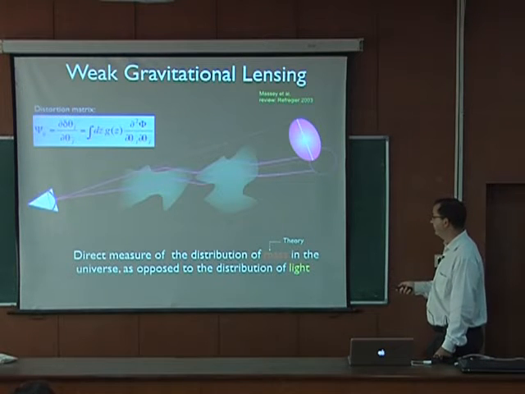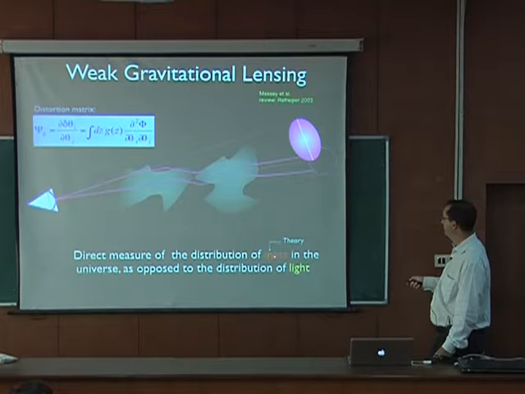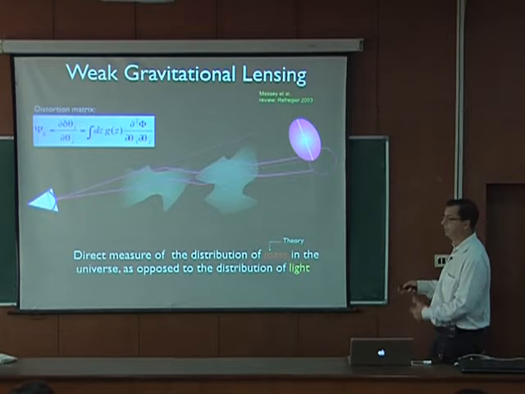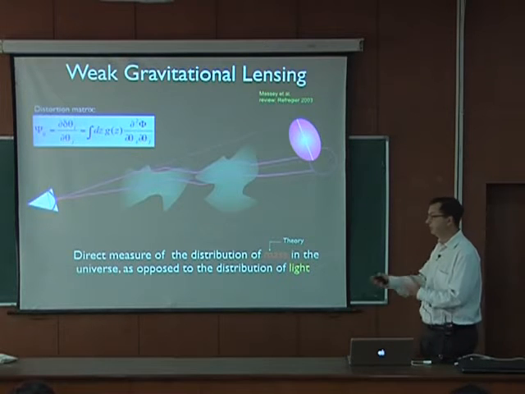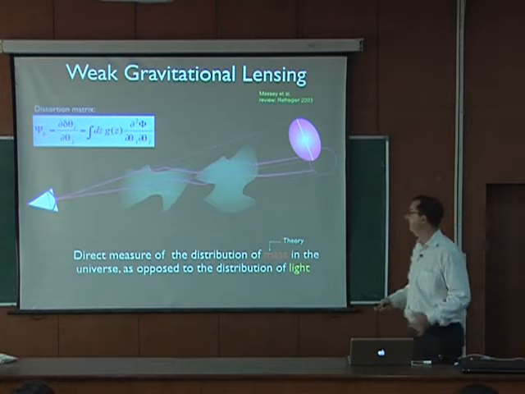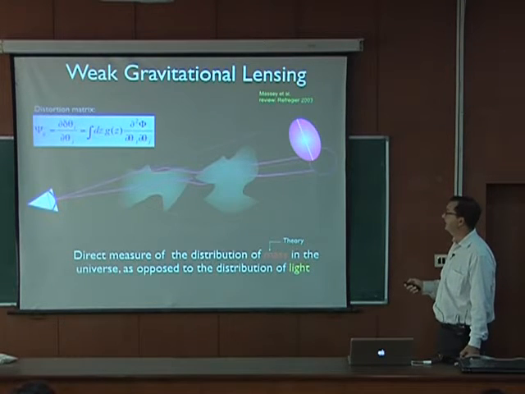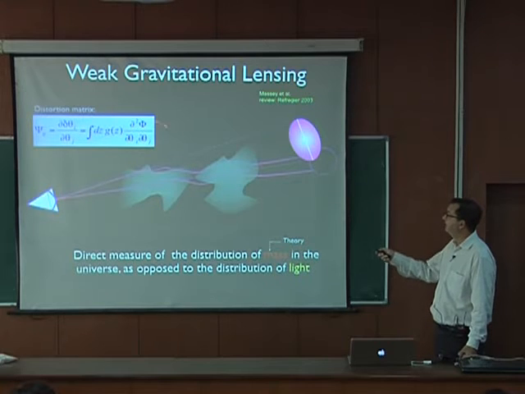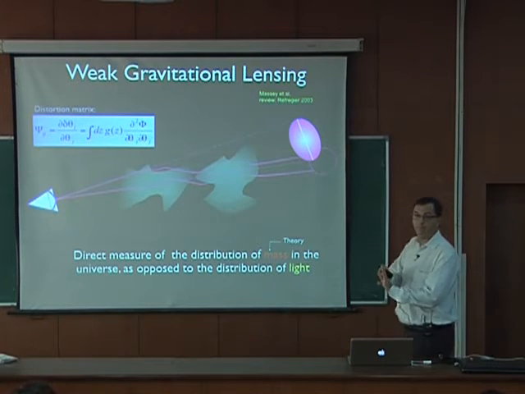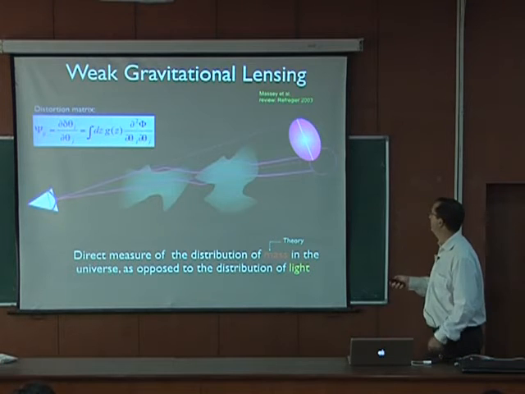And as I said, this is important because this way we can measure the distribution of mass directly, which is what theory predicts best in the universe, as opposed to the distribution of light, and we don't have to assume a special relationship between light and mass, and we can directly map it. The advantage of the weak lensing is that since it only depends on the lowest order term, this mapping is one-to-one. Okay, so from the distortion, we can directly make a map of the mass.